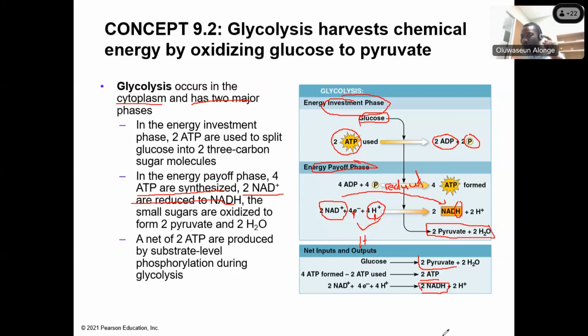Think about it in the back of your mind that 1 NADH has capacity to make about 3 ATP. However, it's not going to make it until the final stage. We are storing it. It's like you are saving it so that you can take it along to the last stage.